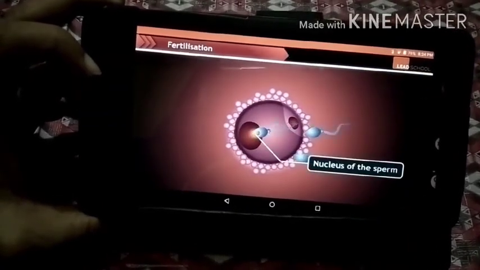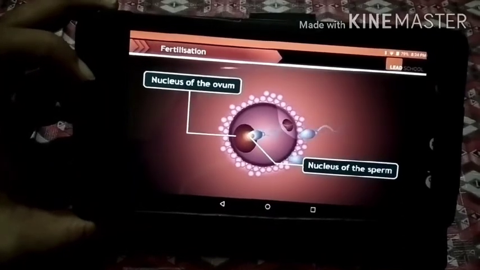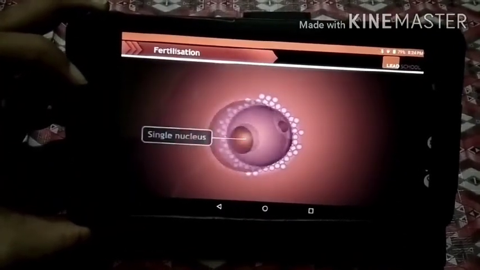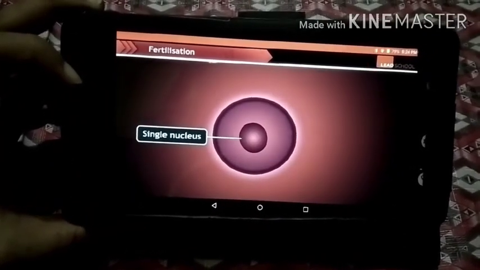Here, the nuclei of the sperm and the ovum fuse to form a single nucleus.